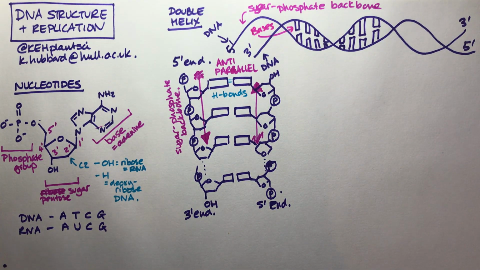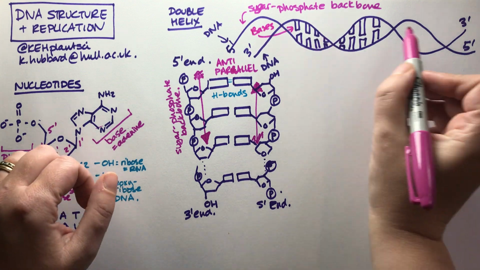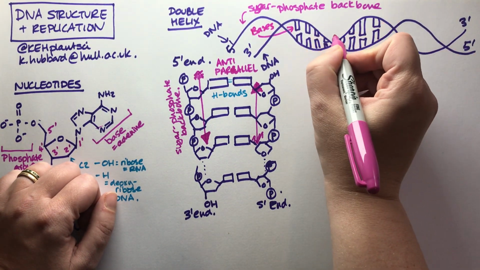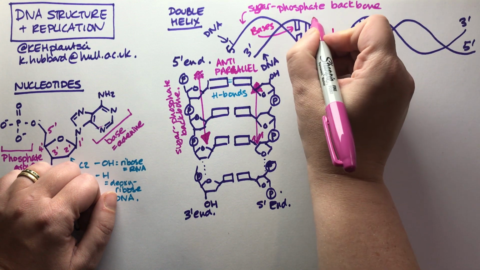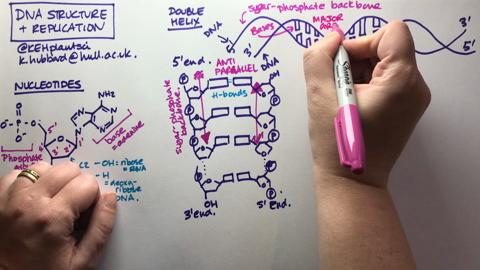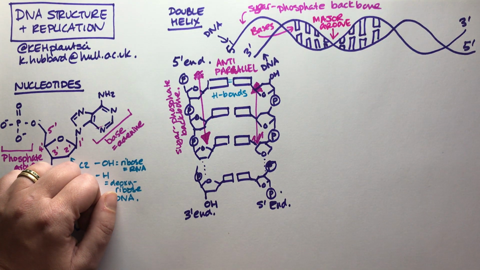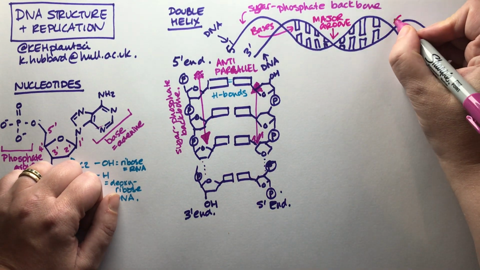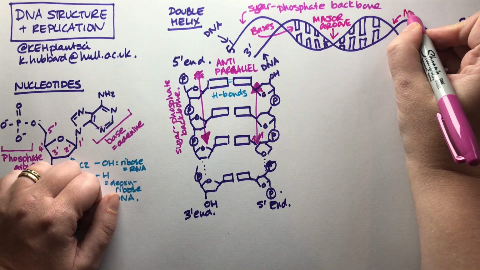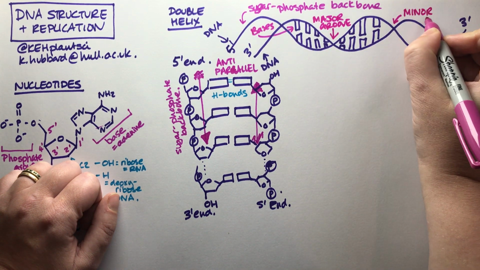That is not what DNA looks like. DNA is an asymmetric space, and it has what we call grooves. So this big space on this side is what we call the major groove. This little space, and there's one here and one here, is what we call a minor groove.